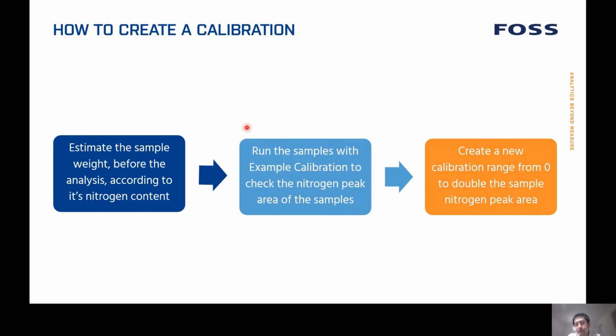And you will get the nitrogen peak area, then you can start to create your own calibration range. It usually starts from 0 to double the nitrogen peak area you get in the second step. So you always ensure the nitrogen you want to measure is in the middle of the calibration curve.